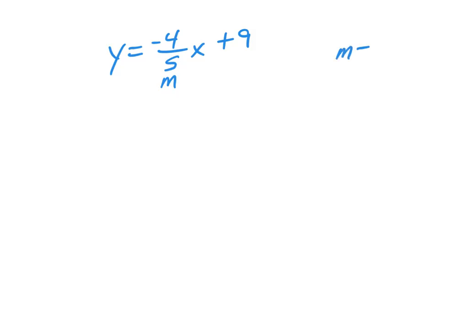M is negative 4/5. And that's it. That's all we have to do. And most of the problems that you do today are going to say, find the slope. So if I have a problem like that and it says find the slope, it's a pretty easy problem, right? Unfortunately, they're not all that easy, but it'd be nice if they were.